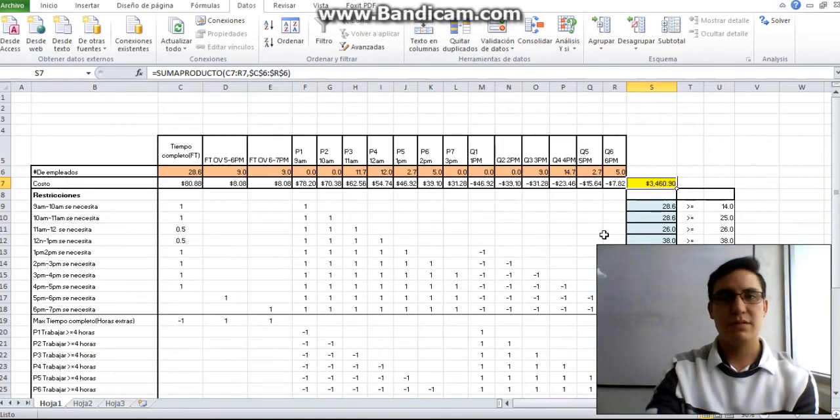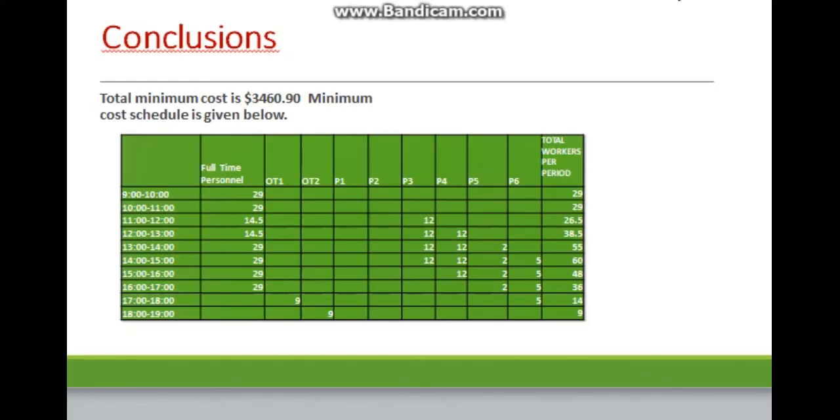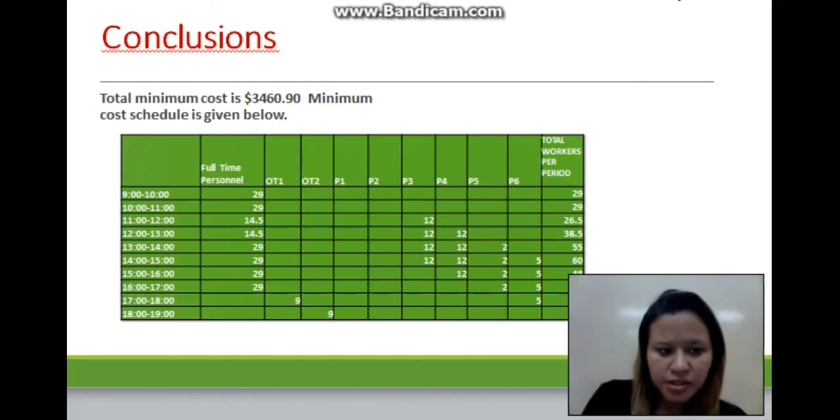Okay, this is all. Through the application of Solver, it has been obtained as conclusion that the total full-time staff for the hour from 9 a.m. to 10 a.m. is 29 full-time workers. From 10 to 11 is the same, 29 workers.